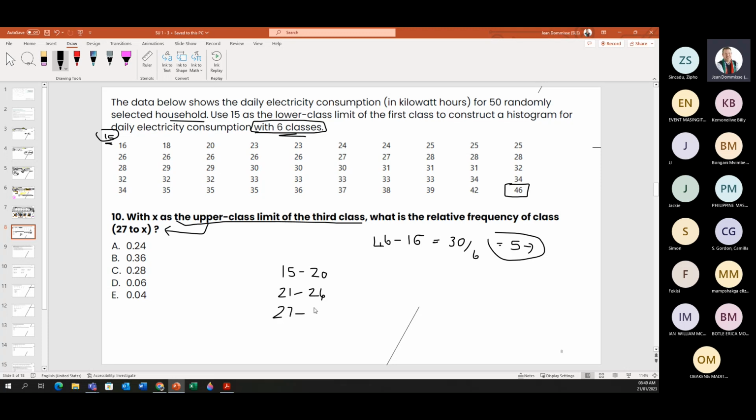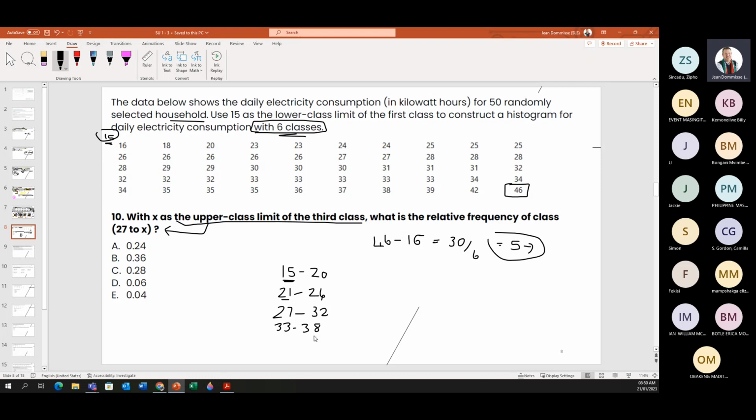Remember, they told us to start at 15. We add 5 to get the 20. So the next one, because it's discrete, we start at 21. We don't start at 20 again. 15 to 20, 21 to 26, 27 to 32, 33 to 38, plus 5.